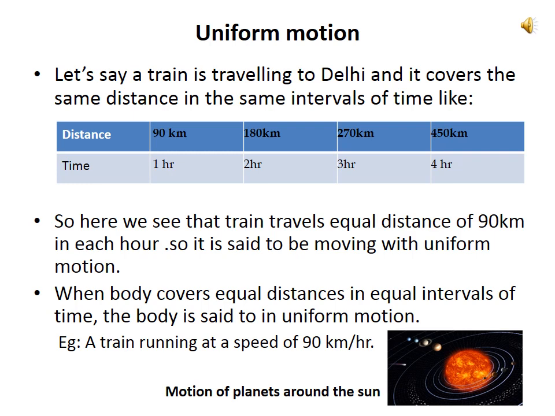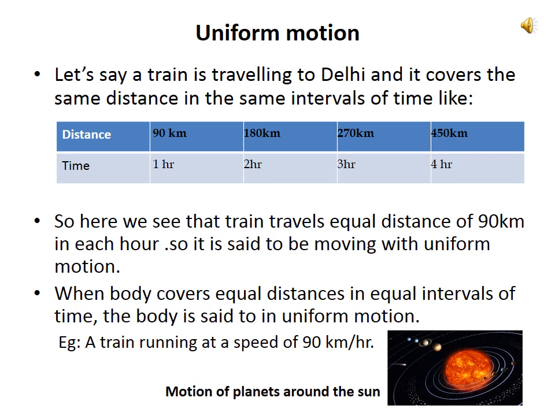Let us consider another example. A train is supposed to travel to Delhi and it covers the same distance in the same interval of time. The figure shows a table which gives the distance and times in separate rows.